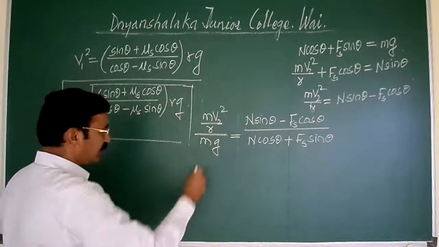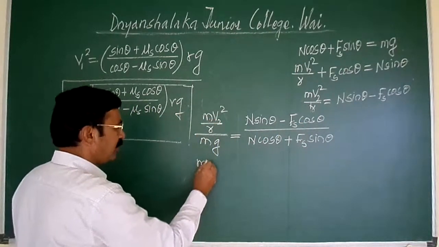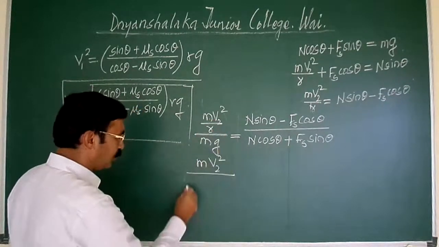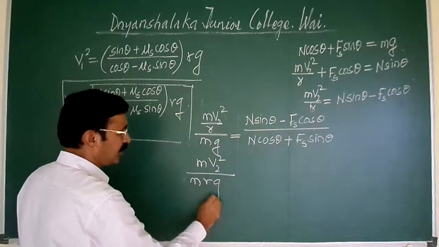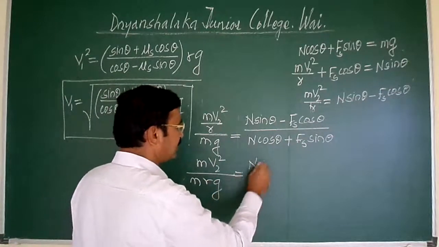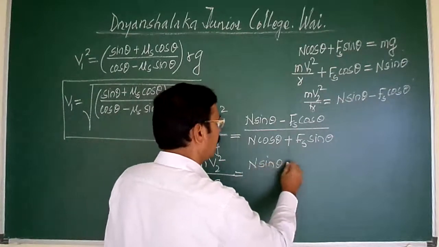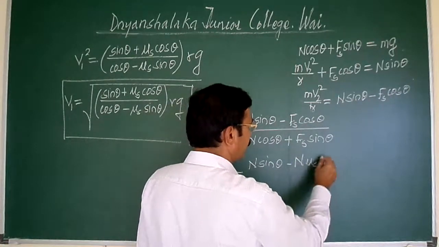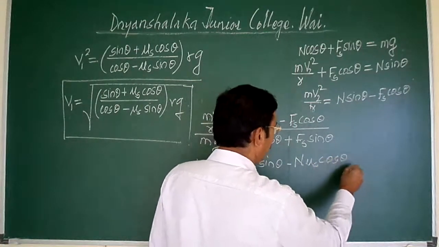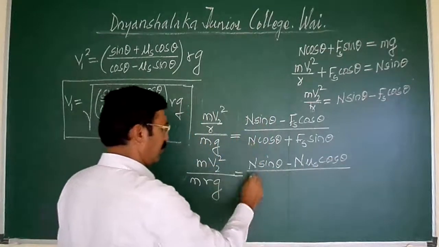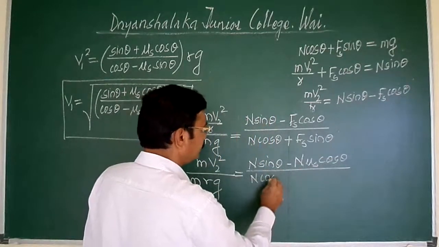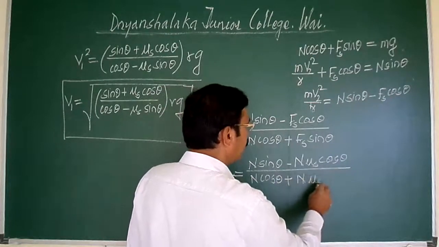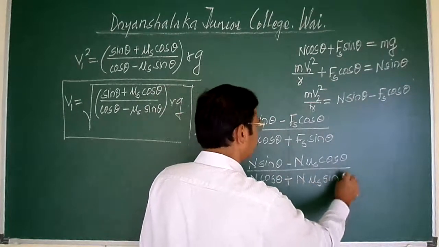And so the equation can be expressed as mv2 square, let us take this r downward over here, so mrg, this will be equal to n sin theta minus n into mu s cos of theta upon n cos theta plus n into mu s sin of theta.